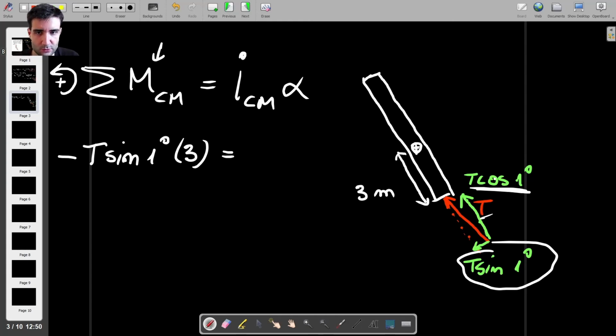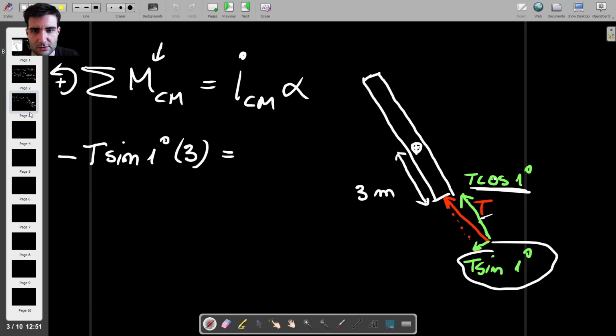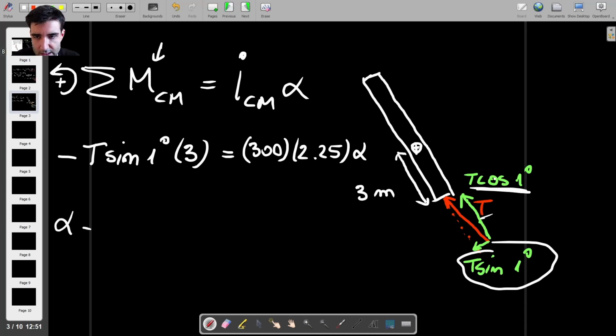And this is equal to the moment of inertia of the rocket, which is the mass of the rocket, that is 300 kilograms, times the radius of gyration squared, and that's 1.5 squared, which is 2.25, times alpha. So the only thing left to do now is just to find alpha, and alpha is going to be minus, and then the thrust is 4,000, and then sine of 1 degree is going to be something very small.